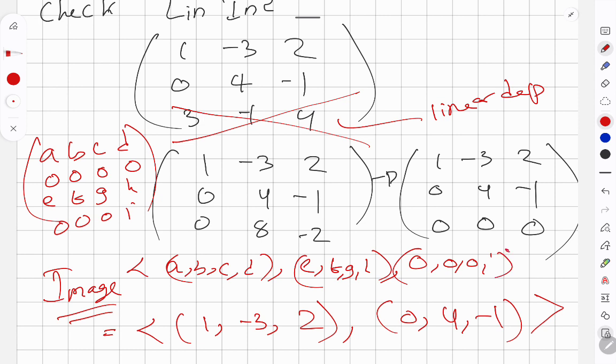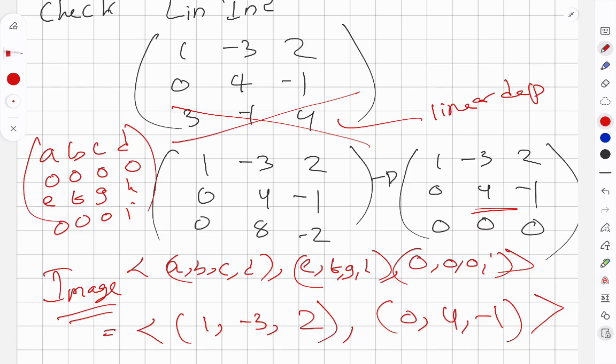It doesn't matter whether you take the original one or this one. Over here we could also have written (1, -3, 2) and (0, 4, -1). In this case it was simple, so I didn't change it. Whichever row is 0 will be eliminated.